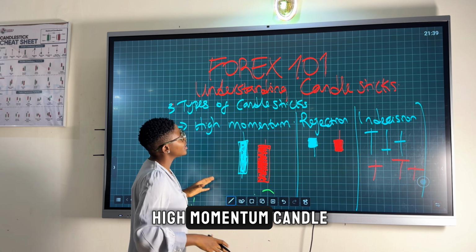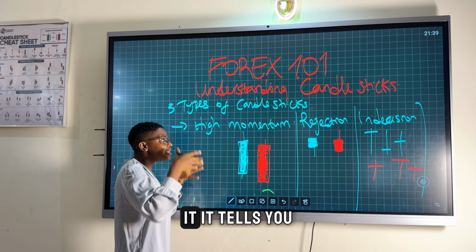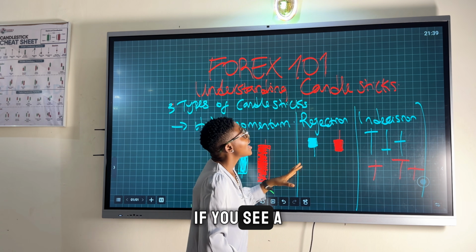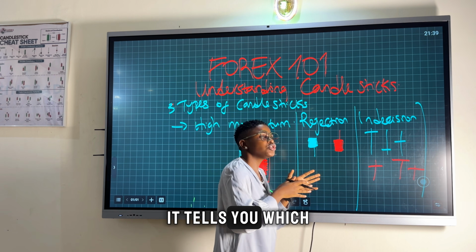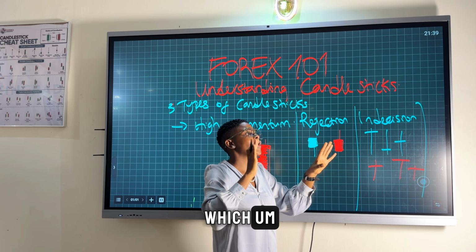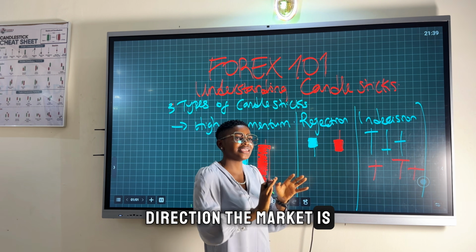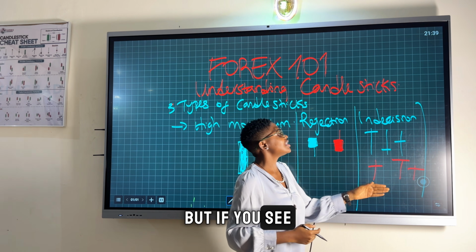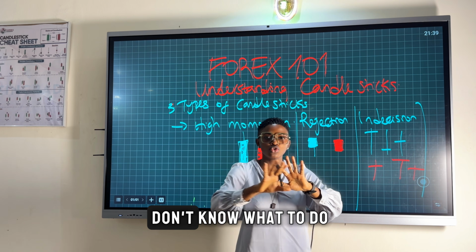If you see a high momentum candle, it tells you who is controlling the market. If you see a rejection candle, it tells you which direction the market is pressuring towards, and you follow. But if you see an indecision candle, you don't know what to do.